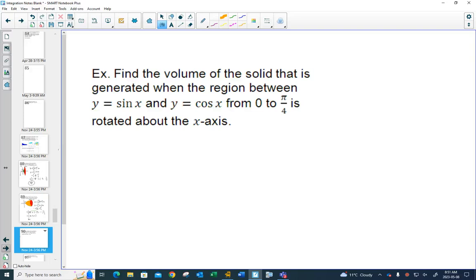What we're going to do is find the volume with the region between sine x and cos x. So this is, first of all, an area question where you're subtracting, and then you're going to find the volume of both of those shapes when you're subtracting. So, as a starting point, we're going to draw a picture.